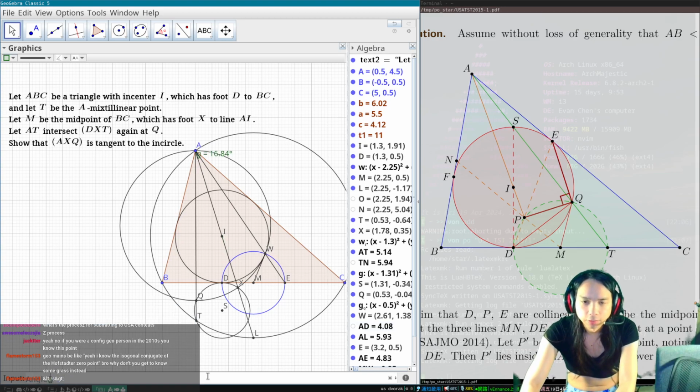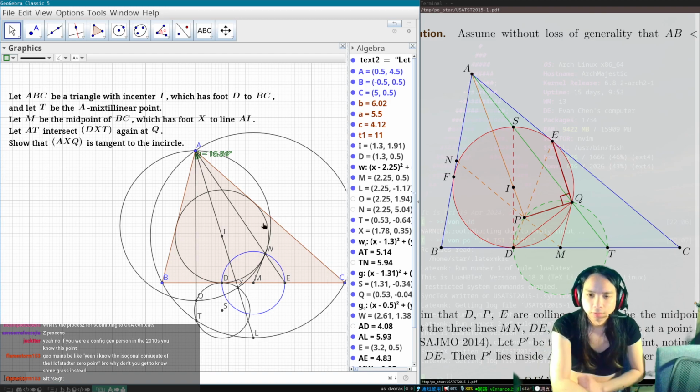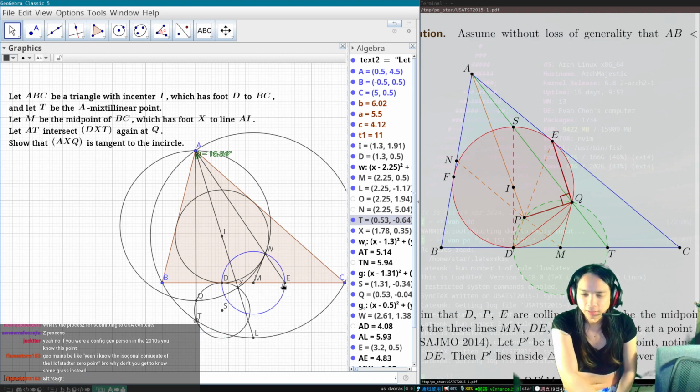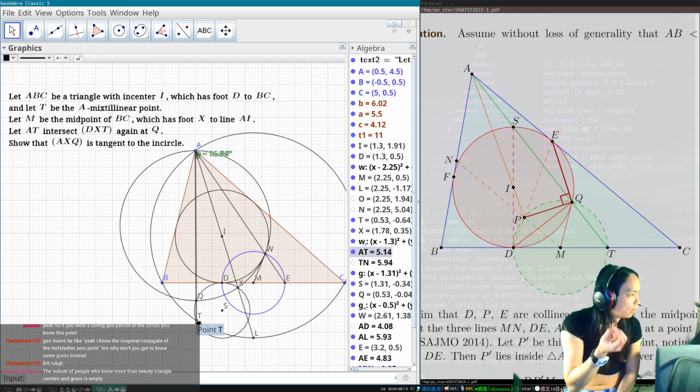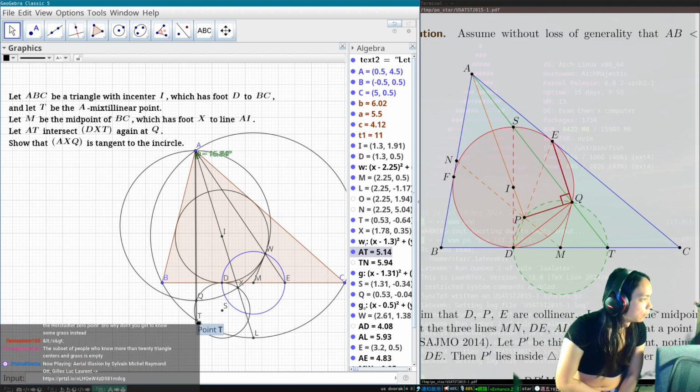But like this angle is equal to this angle. We can probably treat this as the definition of T. We'll really just define T to be the point such that you reflect this ray AE across the A bisector. You land at a point somewhere on the circumcircle. This is T.